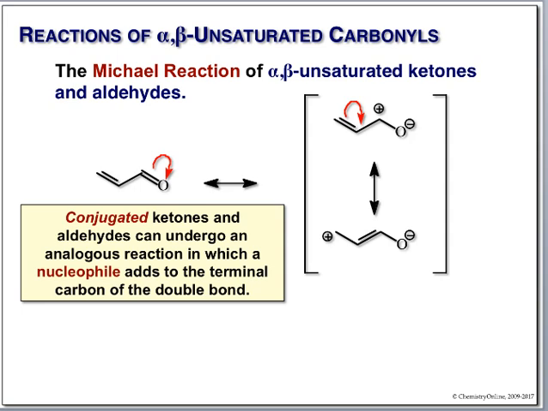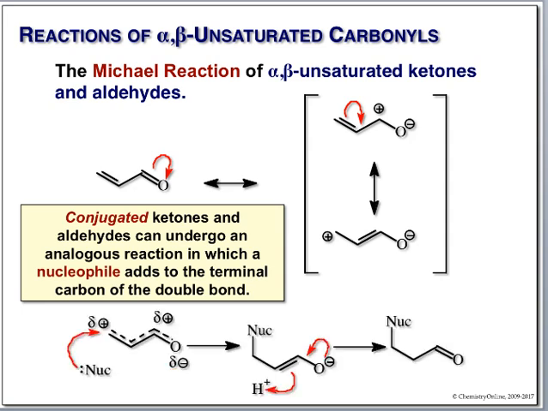We said that we could use a nucleophile and attack this carbocation character at either the 2 position or the 4. If we attack it at the 4 position, we get this sort of adduct, with the nucleophile attached to our beta carbon. Very useful reaction, called the Michael reaction.